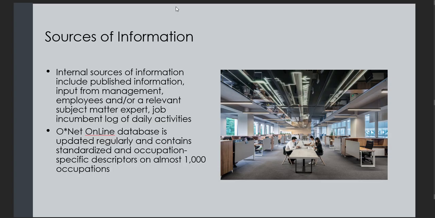It's a valuable external resource. After this lesson, I want you to have a look at that, and you're going to see that it's organized into several domains: worker characteristics, requirements, experience requirements, occupational requirements, workforce characteristics, and occupation-specific information. Using these multiple sources will give you a complete picture.